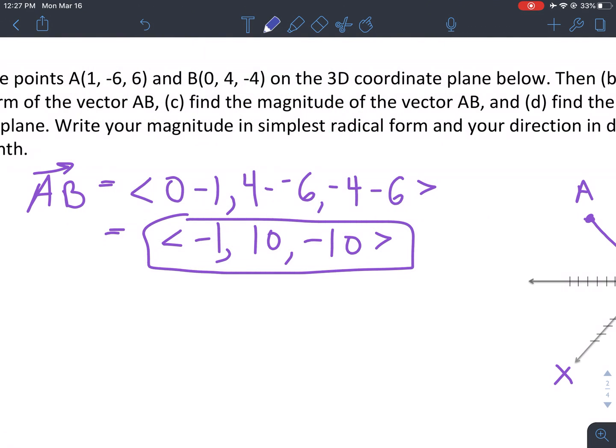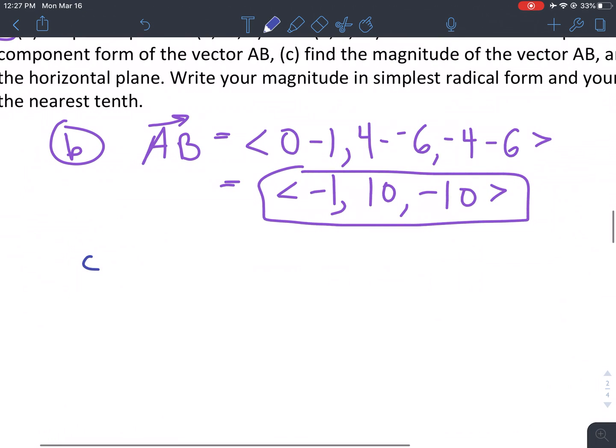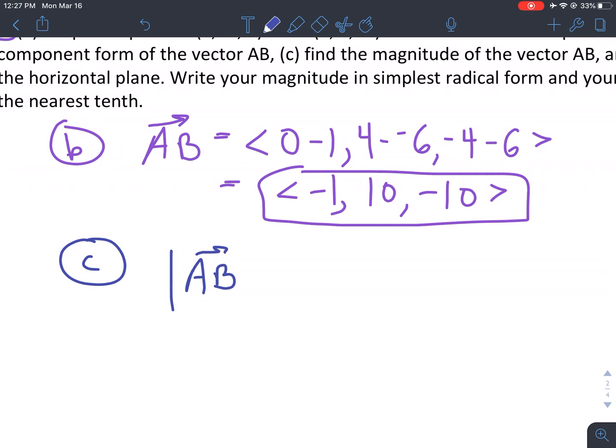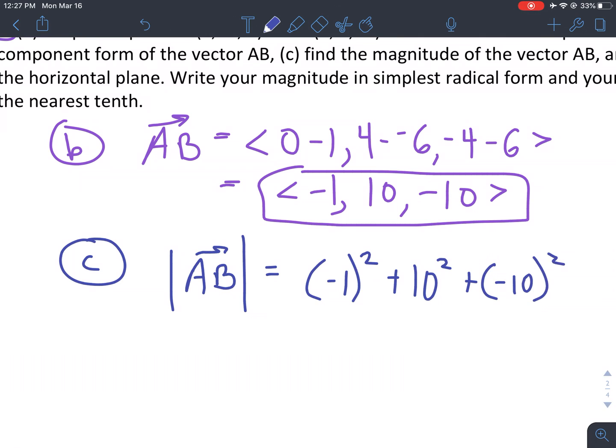Part C. So part C, find the magnitude of the vector. Well, the magnitude of a vector once you have the component form is given by a squared plus b squared plus c squared, square root all of that. So the magnitude of AB is going to be given by negative 1 squared plus 10 squared plus negative 10 squared, square root all of that.